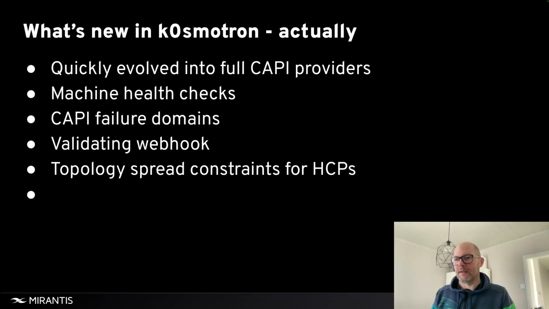And of course, for those folks who know Cluster API, it's somewhat complex. So it took a bit of time to figure out how CAPI works, how the different CAPI controllers work. But quite quickly we were able to implement all the CAPI contracts, and Cosmotron is now a set of Cluster API compliant controllers.